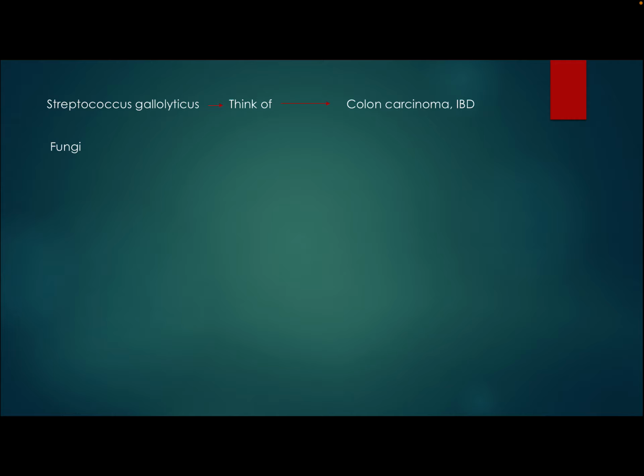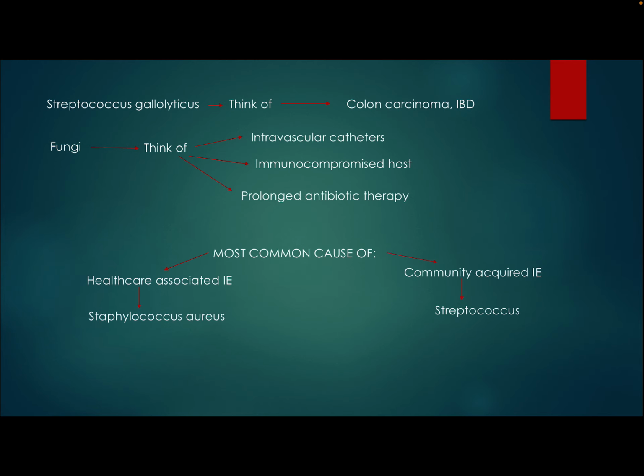Fungus is also an important cause of infective endocarditis, so we have to think of the presence of intravascular catheters, immunocompromised host, and prolonged antibiotic therapy. All of these factors predispose to fungal infections like Candida. Now, the most common cause of healthcare associated IE is Staph aureus, whereas the most common cause of community acquired IE is Streptococcus.